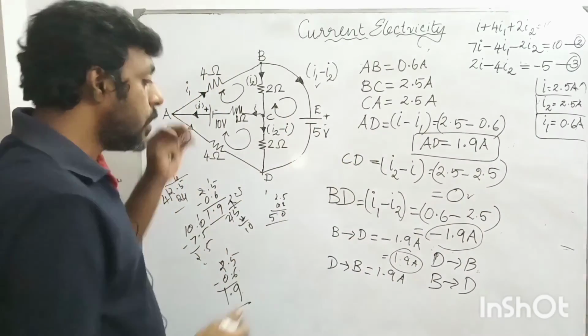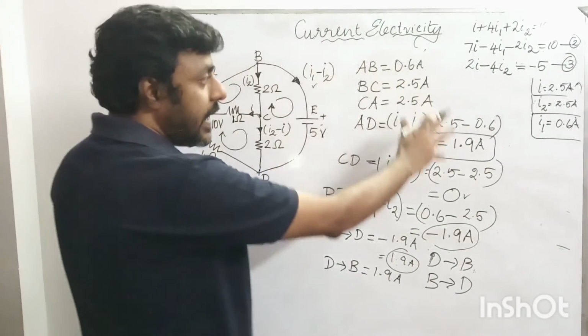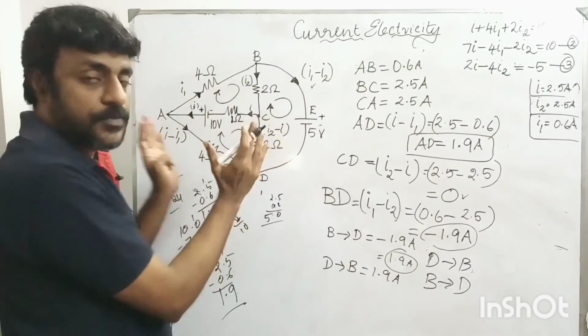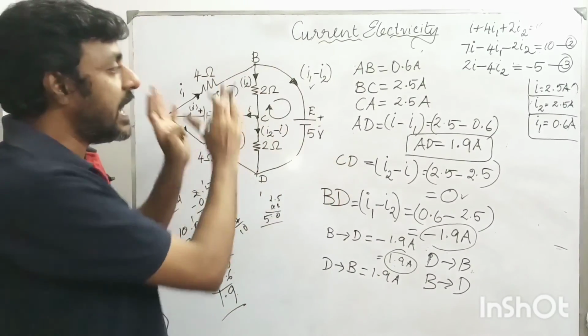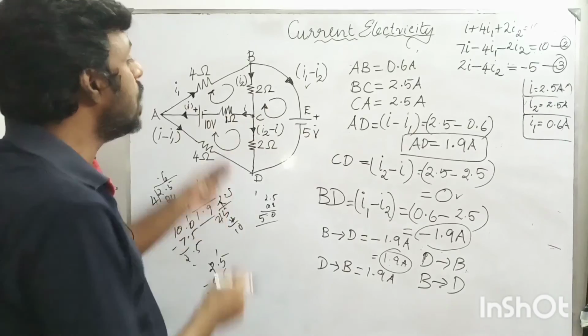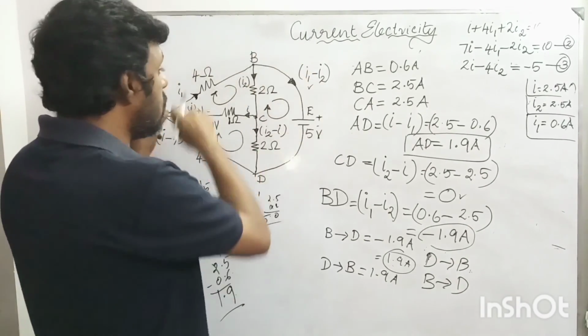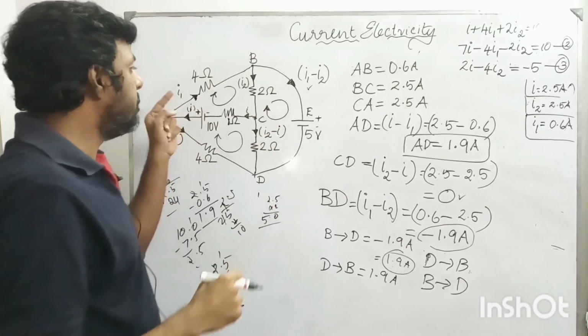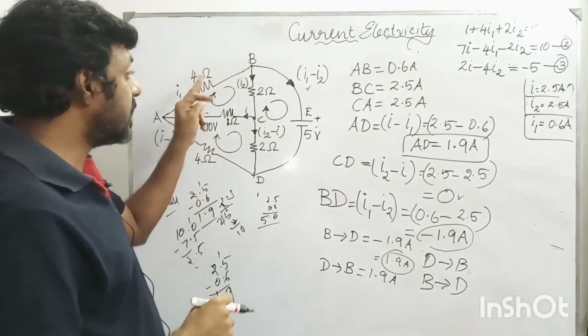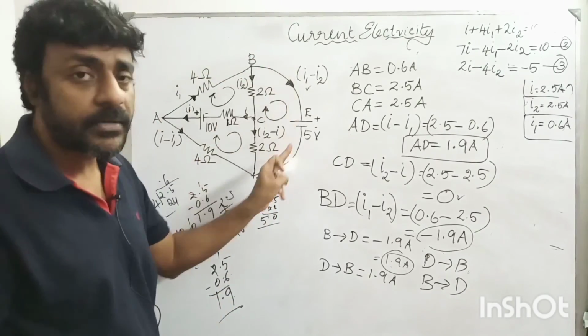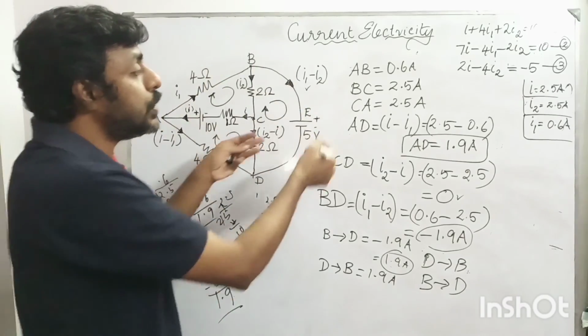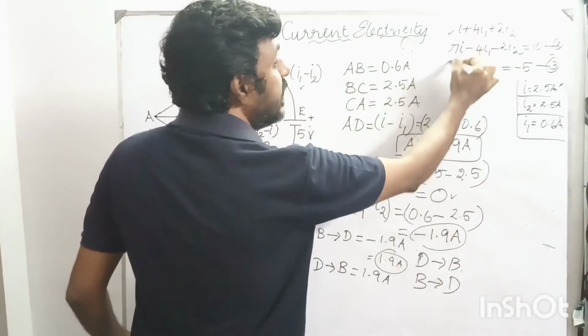This is how you need to solve electrical loops. Complicated networks like this will be asked in examinations, and you need to analyze each and every loop. You need to mark the corners, mark the direction of the currents, and name the currents. After naming the currents, you need to get 3 simultaneous equations.